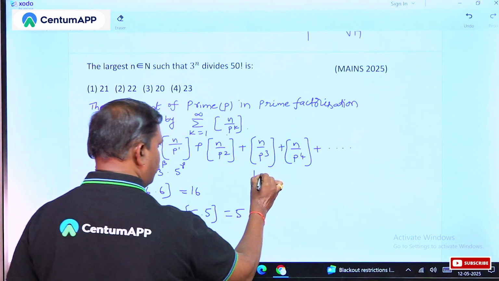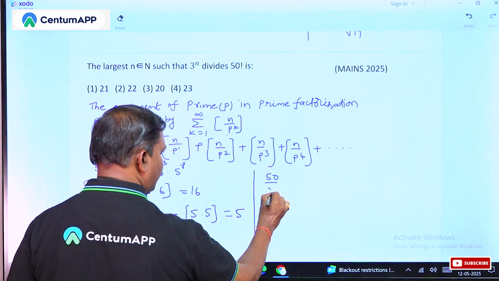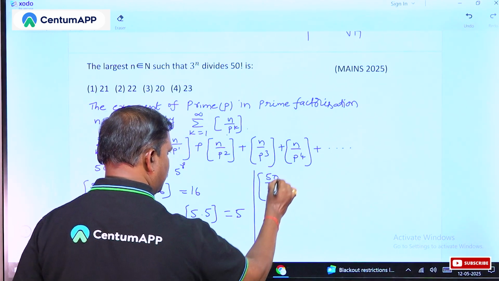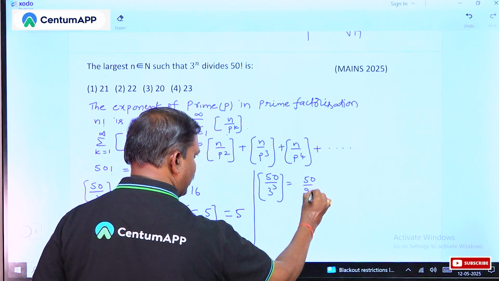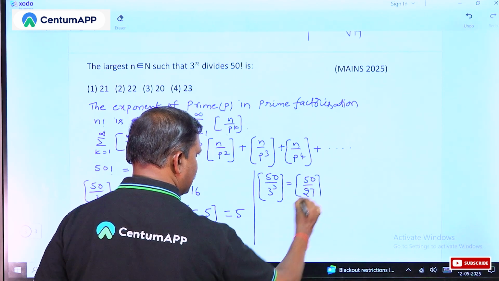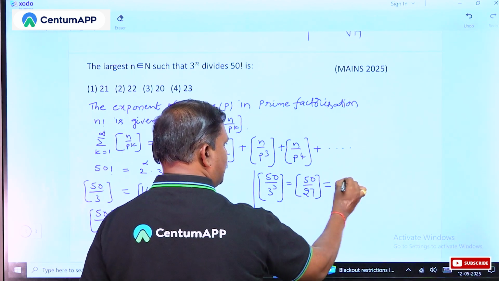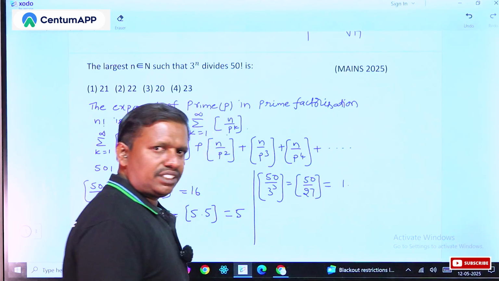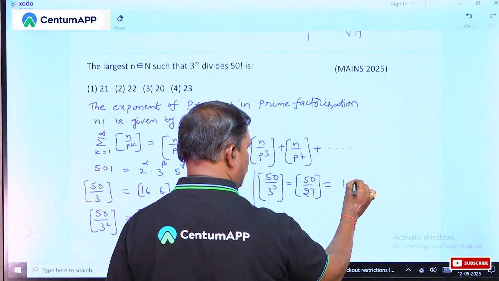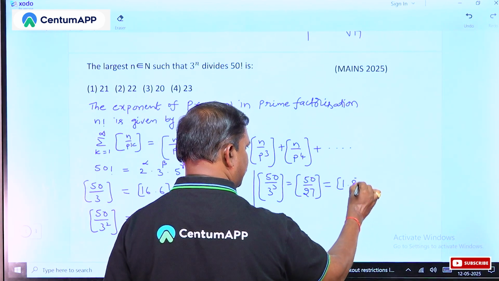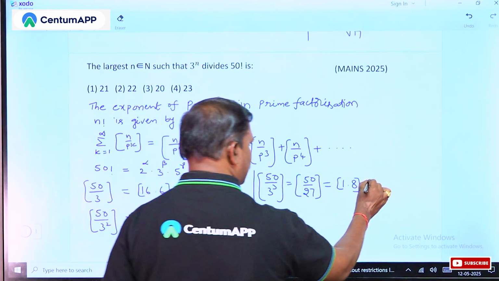Next, the bracket function of 50 by 3 cube, which means 50 by 27. 50 divided by 27: 27 ones are 27, remainder 23, approximately 1.8. The bracket function of 1.8 is equal to 1.